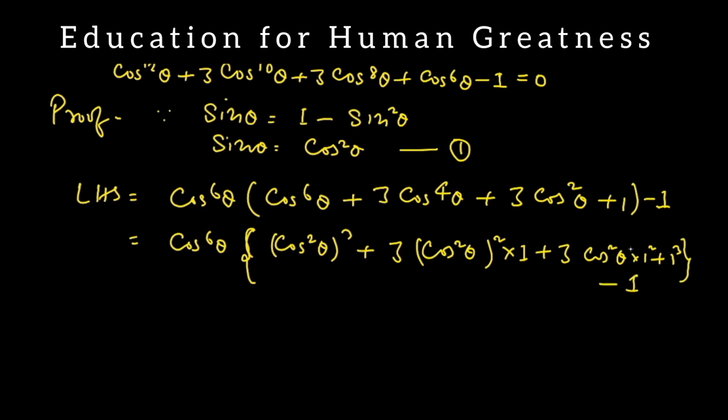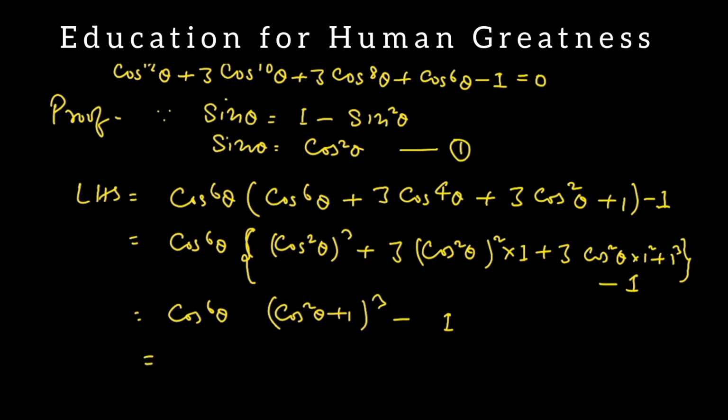Okay, so we can write cos to the power 6 theta means cos square theta plus 1 to the whole cube. We have just set all the terms according to the formula, and then this one is minus 1. Okay, right?